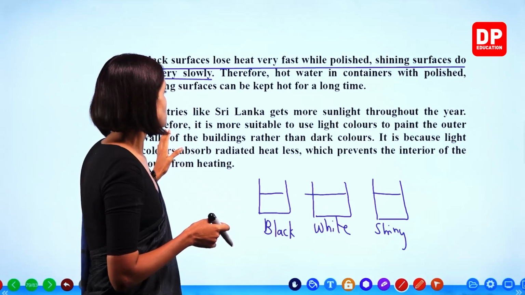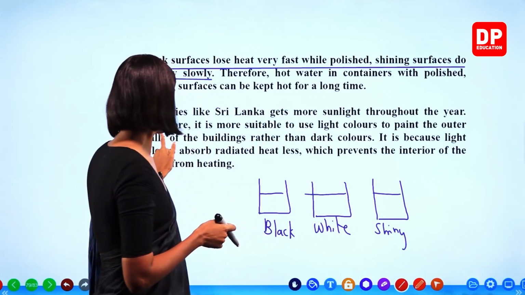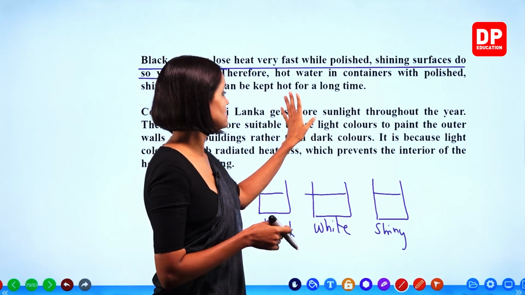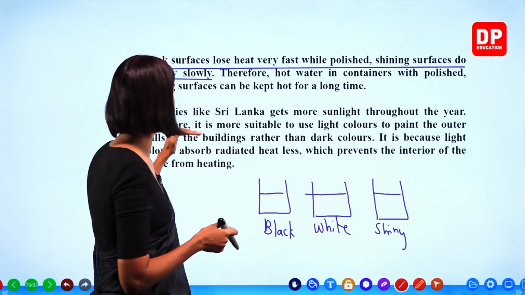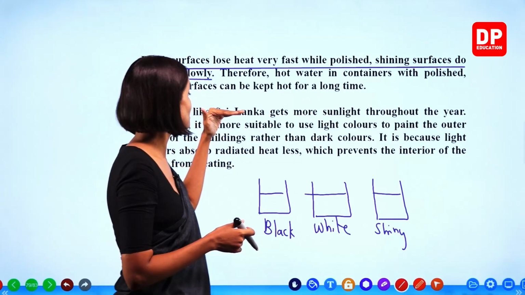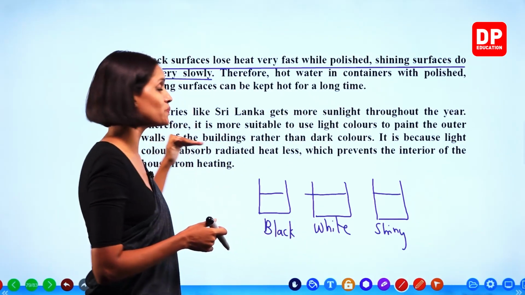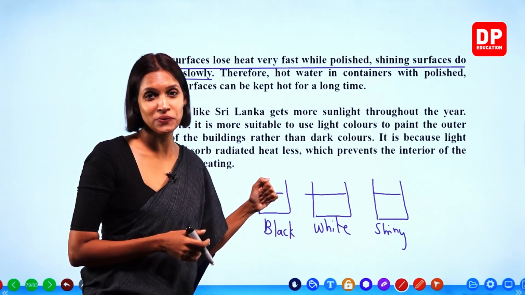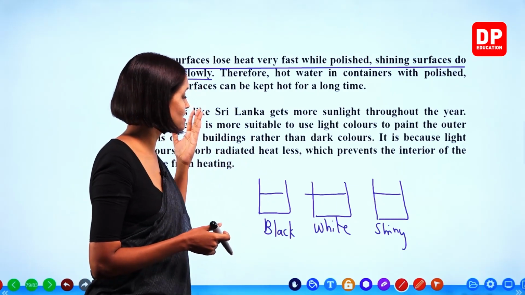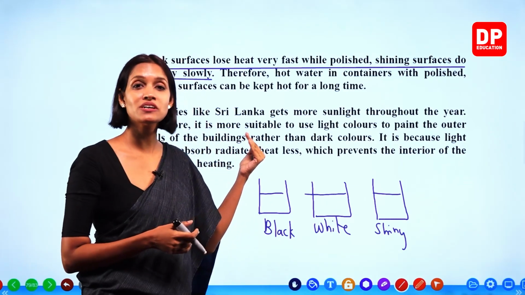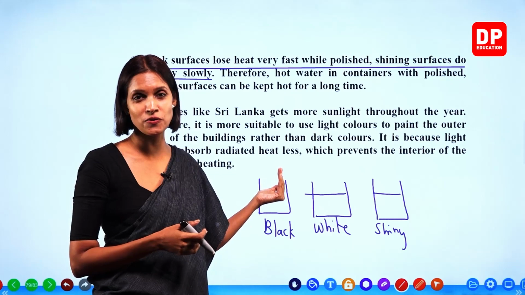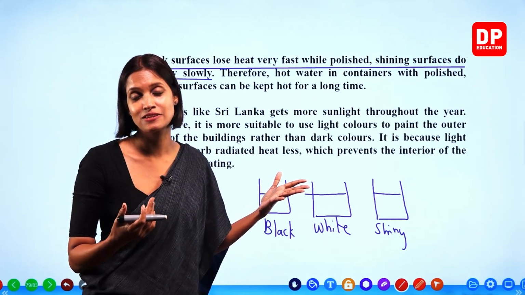It's because light colors absorb radiated heat less, which prevents the interior of the house from heating. Okay, children, so this is the reason it's better to color the outer walls of our houses in light colors.